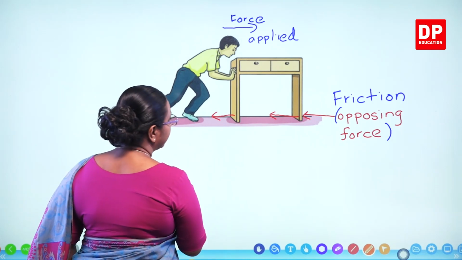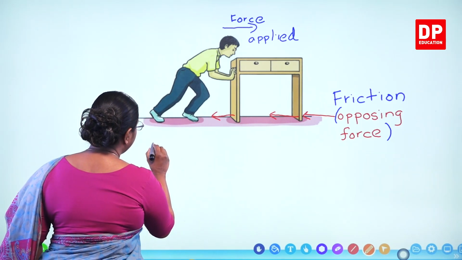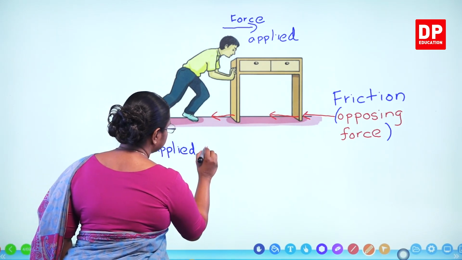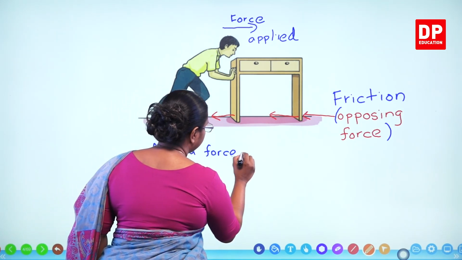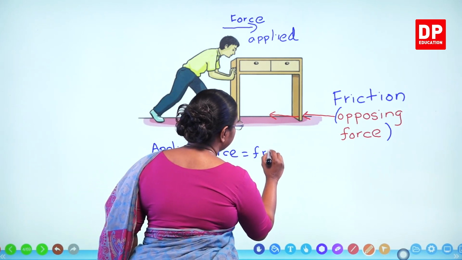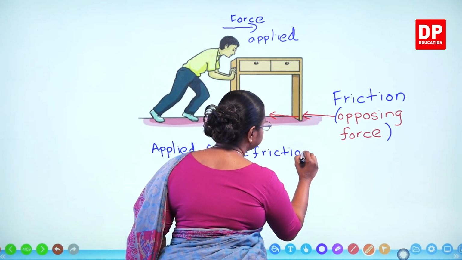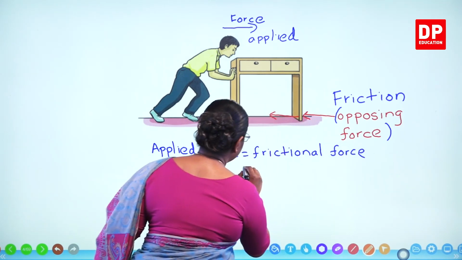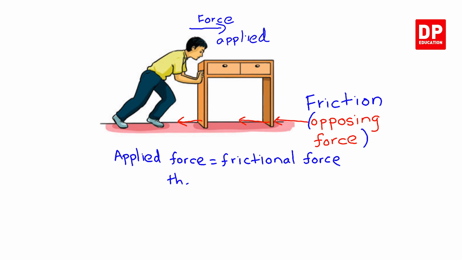So, I will write that down. Initially, applied force is equal to frictional force. Then no movement.